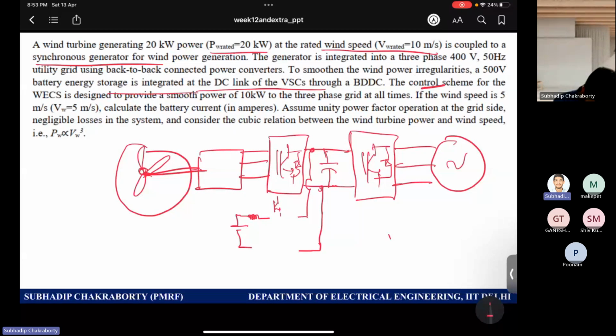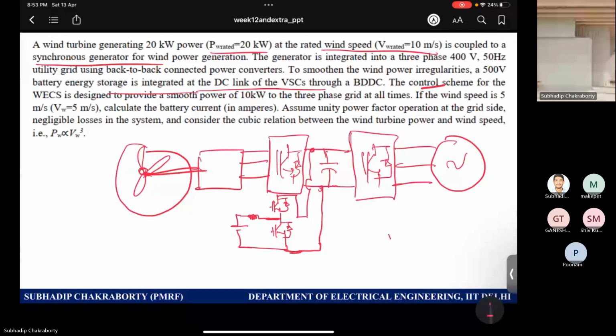That is a leg. And to the DC side, you connect it. So this is VB. Obviously this side will be at a lower voltage, and this is the higher voltage side.